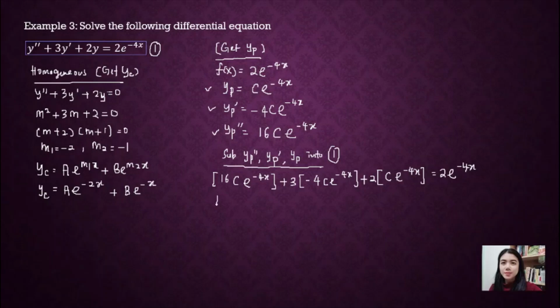You will have 16c e^(negative 4x), this gives you negative 12c e^(negative 4x), and this gives you 2c e^(negative 4x).